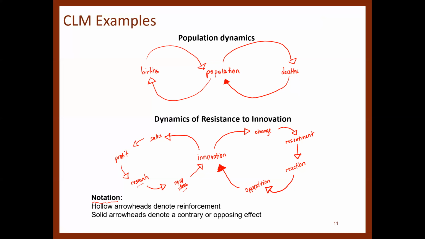And with the development of these new ideas, you increase sales, profit, research, and then you create more ideas. But those are not coming for free, right? You have opposition, people not wanting renewables, people that are used to using gas engines, resisting change, and so on.